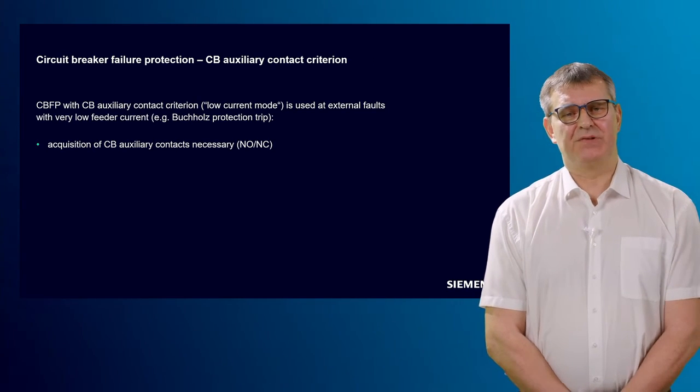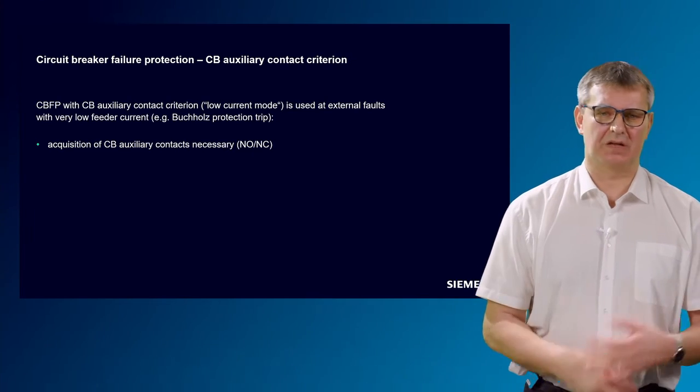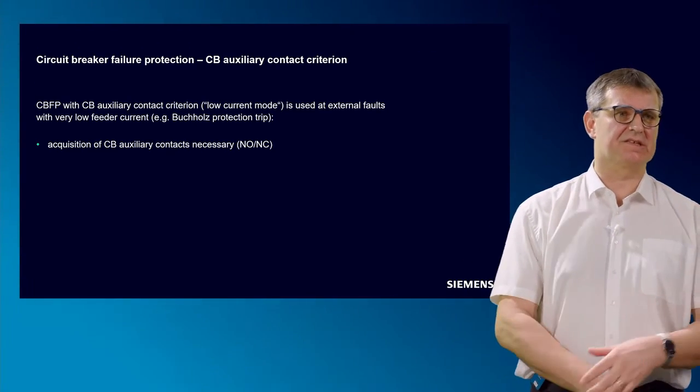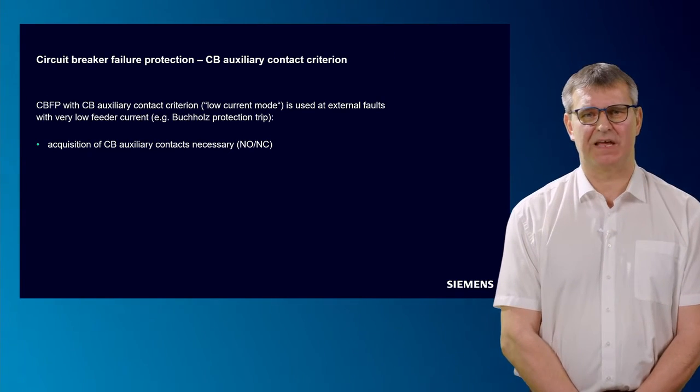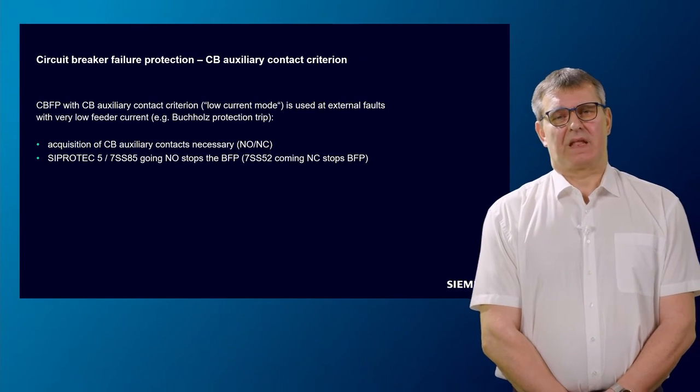The acquisition of the circuit breaker auxiliary contacts will be done by the normally open and normally closed contact, just in the same way as Nina has explained for the disconnector image. A little bit different, for still a lot of people who know the 7SS52 very well, is that we have made a slight change in our philosophy.